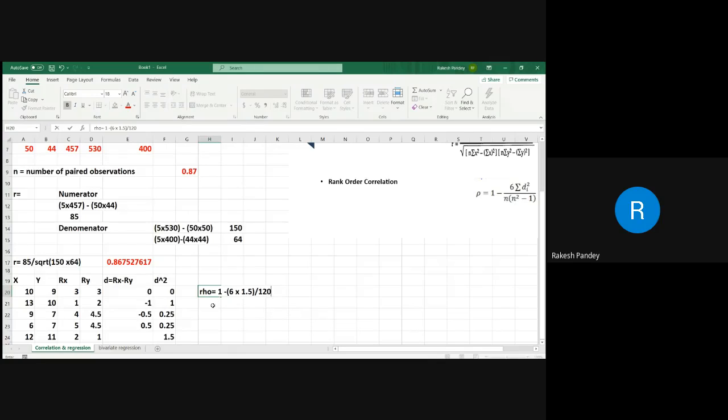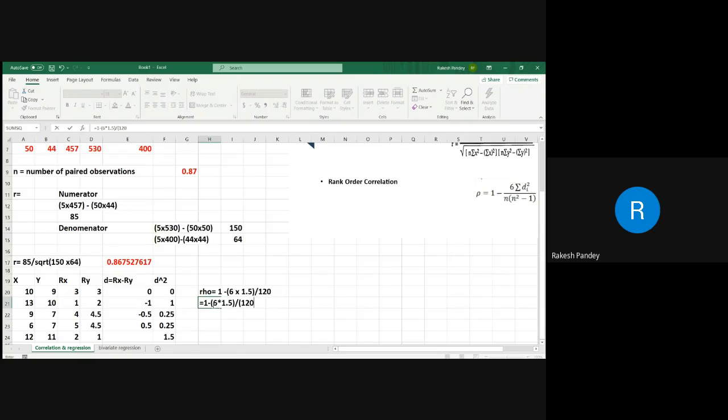So this is the rho. Now do the computation using Excel formula. So we will write 1 minus, then in bracket, 6 into 1.5, bracket closed, divided by, then bracket 120.